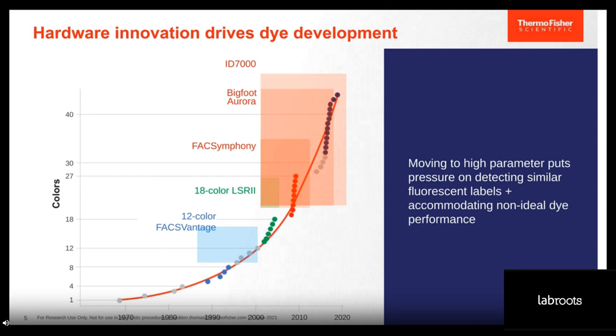But now, with the advent of something like the FACSymphony, which has a number of detectors on a conventional instrument, and then the BigFoot, Aurora, and ID7000, which use spectral cytometry, this puts a lot of pressure on you as you move to more and more parameters when you're trying to detect similar fluorescent labels. You actually have to deal a lot more with non-ideal dye performance than if you can just position the dyes away from each other in the spectrum.